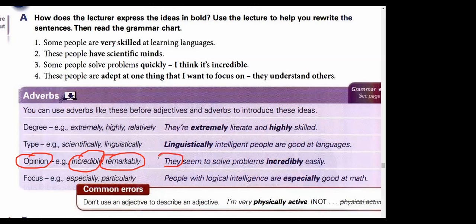So we have the subject they, and the verb seem. They seem, and then we have the infinitive to solve, the object problems. So what is this incredibly describing? Incredibly easily. And what is easily describing?